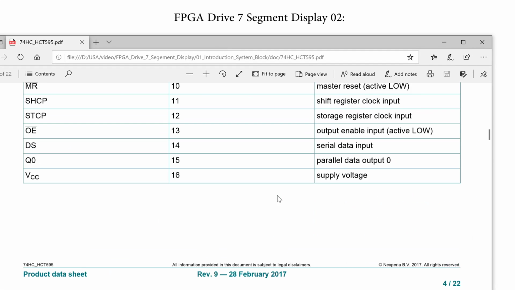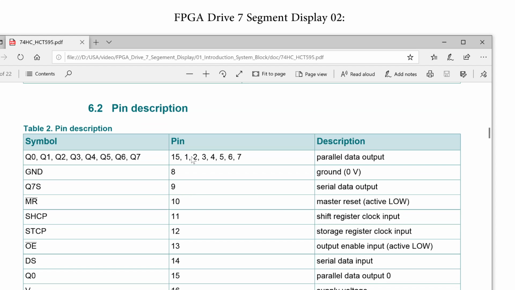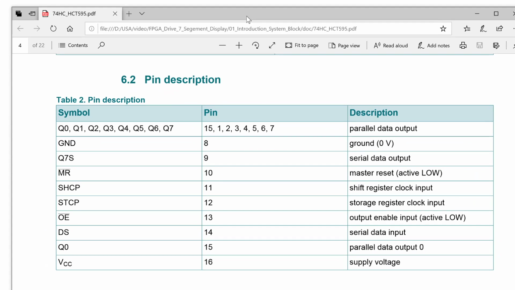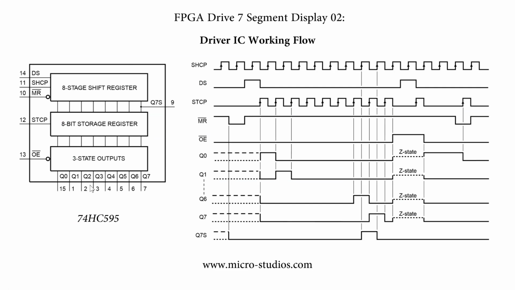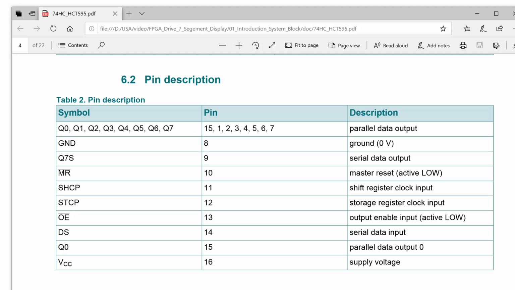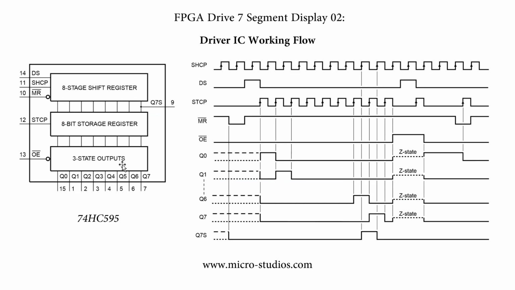So let's begin from the pin description. First, let's take a look at this pin. This pin is very easy. It's output enable, active low. You will see here this pin matches here.